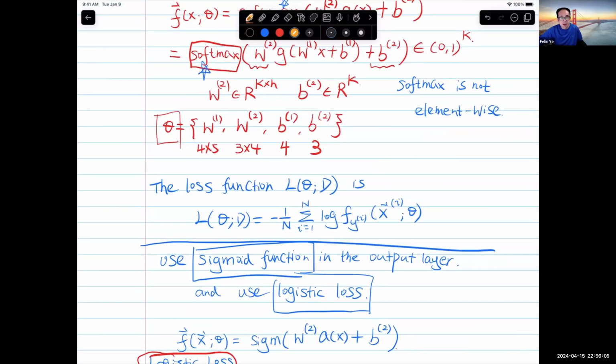This is a dense, fully connected layer, which basically says W1, W2, B1, B2 are essentially assumed to be non-zero, and they could be positive or negative. That's why it's fully connected. It means these values are non-zero, so it's a fully connected layer.